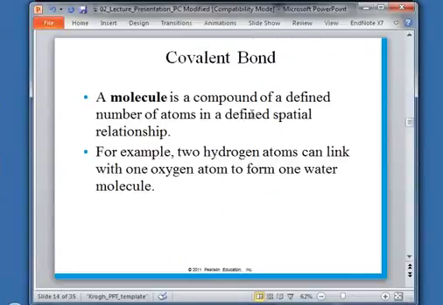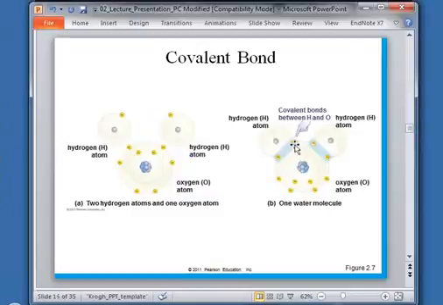When these things form covalent bonds, I was talking about adding and subtracting, but where are they really going? And we're talking about sharing. And so what we mean by that is if we look at a water molecule, we've got an oxygen atom. And oxygen starts with 6 valence electrons, so it really wants to add 2 to that total.